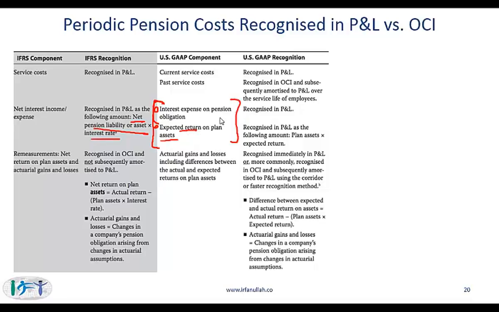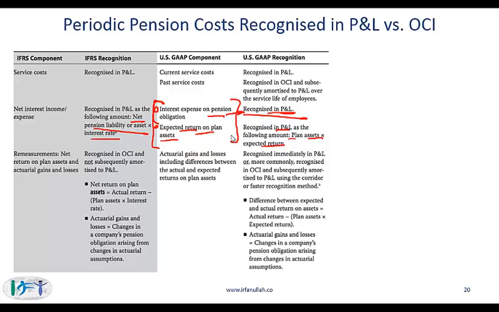So in US GAAP, two numbers are defined: the discount rate, which you use to discount, and the expected return on plan assets, which is giving you the expected return on plan assets exactly the way it is stated. So that's a subtle distinction. The first part is recognized in P&L, and the second part is also recognized in P&L as this amount. So both these numbers are shown in the P&L.